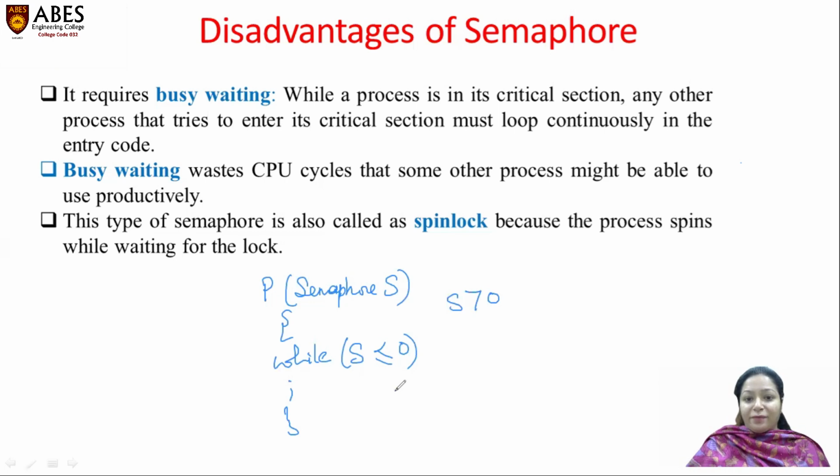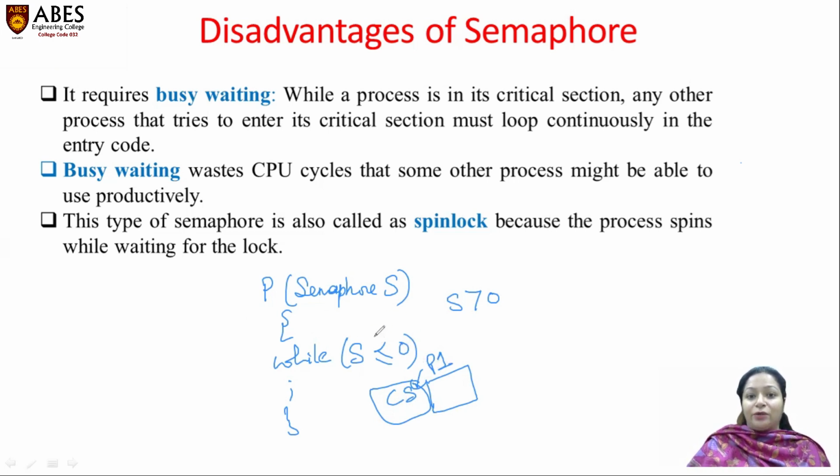So whenever one process, say P1, is accessing the critical section, at this time, if some other process tries to execute in the critical section, then the while condition for that process will always be true. It will get the value of S as 0 or less than 0.